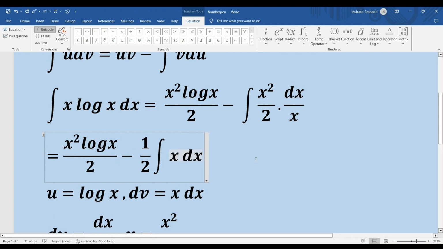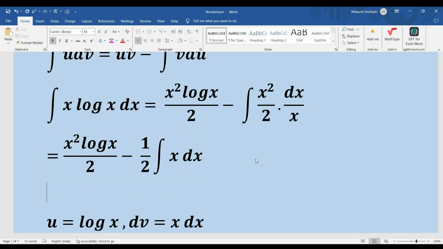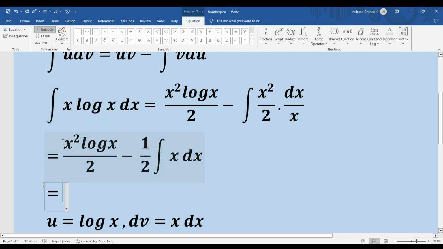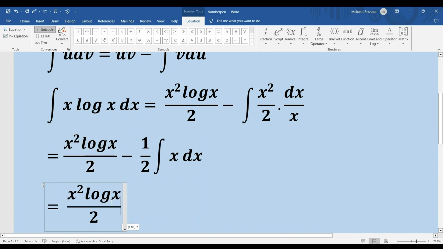Now this is not very difficult from here on because I know the integral of x dx with whatever I've learned so far. So my answer to this problem is x square log x by 2 minus, I have 1 by 2 already existing in the second part. My integral of x dx will become x square by 2. So I will have a 1 by 2 into 1 by 2, which becomes a 1 by 4.